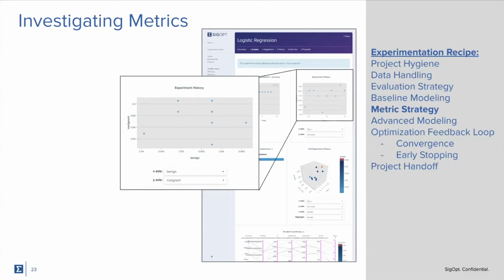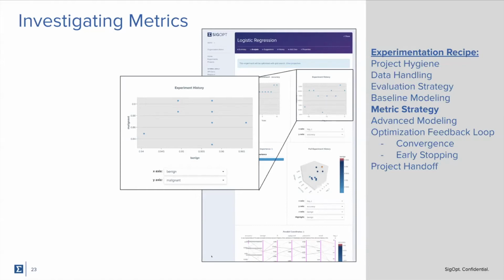Each of these dots represents a suggestion that you have trained, evaluated, and returned the observation back to SigOpt. And you can argue a lot of things here. I will choose, for the purpose of this example, to argue there isn't really any correlation between whether or not we're good at predicting benign or malignant.